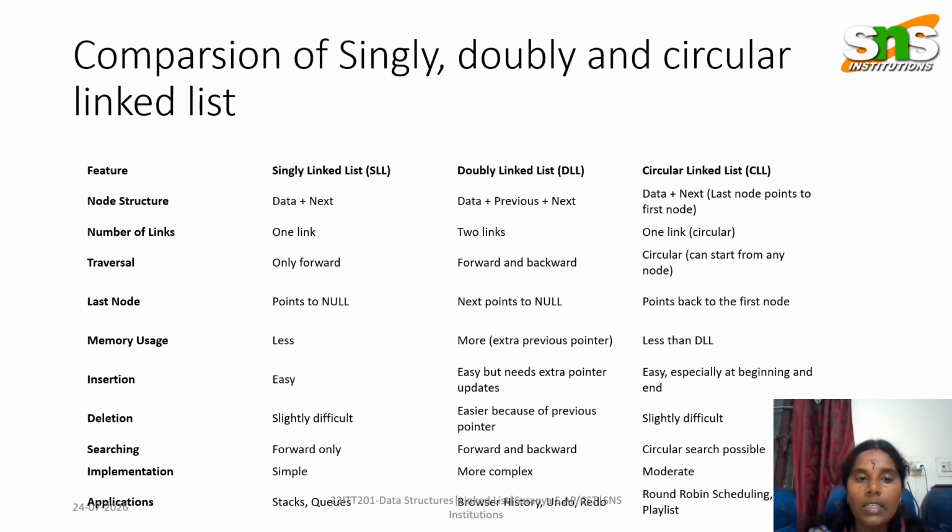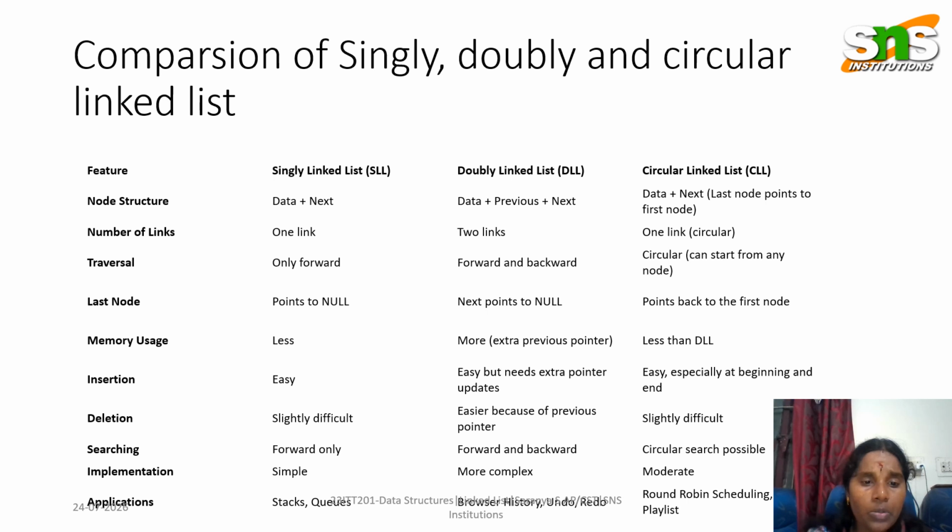The number of links is one in the singly linked list, two in the doubly linked list, and one in the circular. Traversal is only forward in the singly linked list, forward and backward in the doubly linked list, and in the circular it can start from any node. The last node points to null in singly and doubly linked lists, and points back to the first node in the circular linked list.